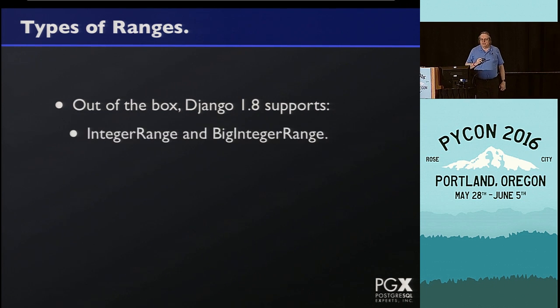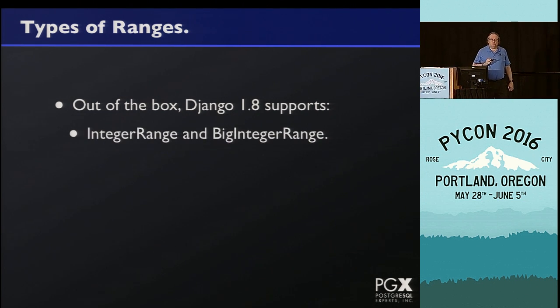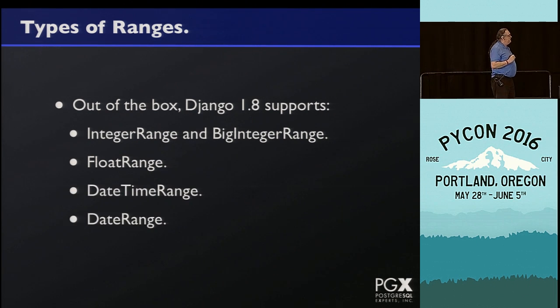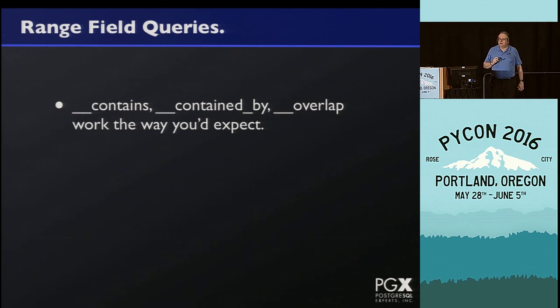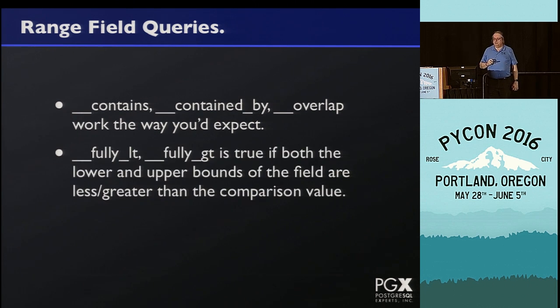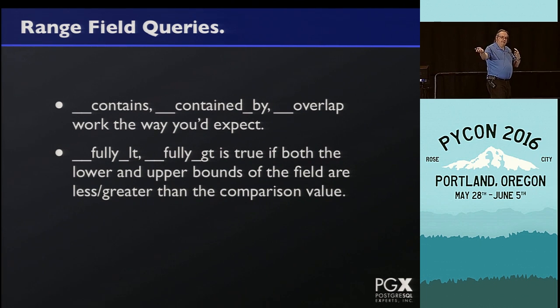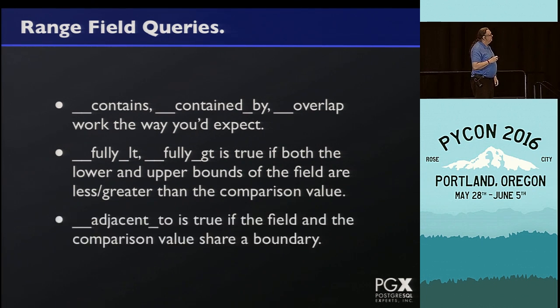Out of the box, 1.8 supports integer range and big integer range, so 32 and 64-bit integers, floating point ranges, date time ranges, and date ranges. So those are built-in fields and types in Django 1.8. You can do contains, contained by, and overlap pretty much the way you'd expect them to. We also get fully less than and fully greater than if they are completely disjoint one way or the other.